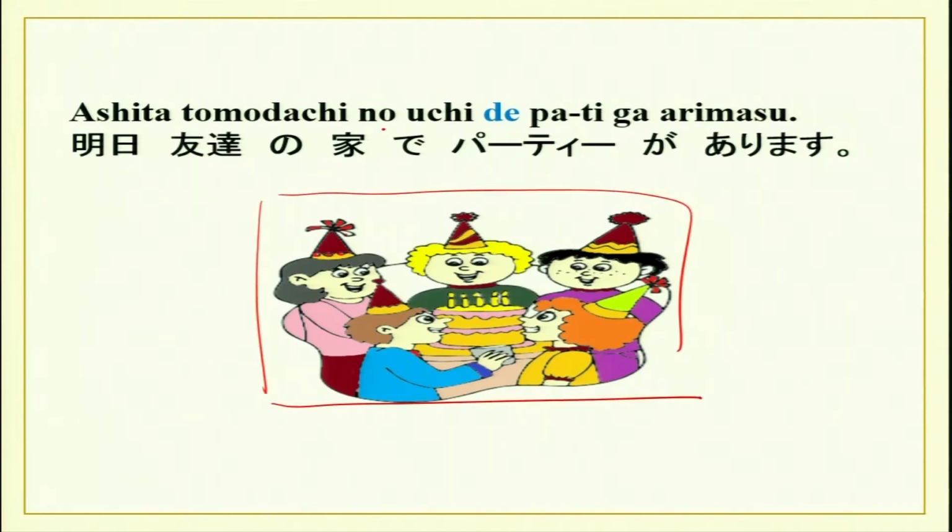So, ashita tomodachi no uchi de party ga arimasu, or kino tomodachi no uchi de party ga arimashita. So, at a place an event is there. It is not showing existence of an object, it is showing that an event is taking place at a certain location.